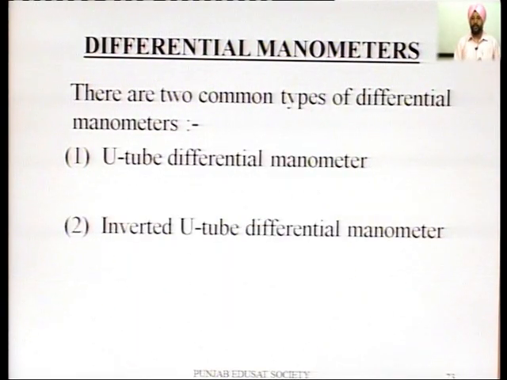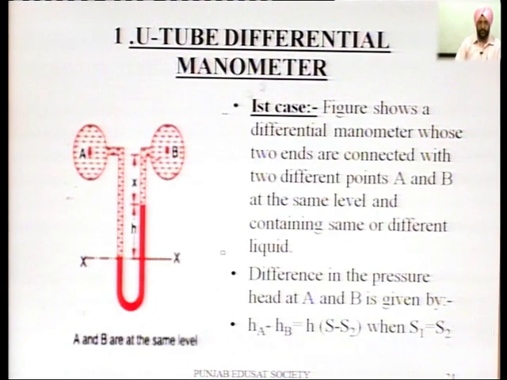Moving deep into it, these are basically of two types. Two common types are U-tube differential manometers, just like we have U-tube simple manometer, and inverted U-tube differential manometer. We will see one by one. The U-tube differential manometer, as you can see in this case, how is it different from simple manometer?